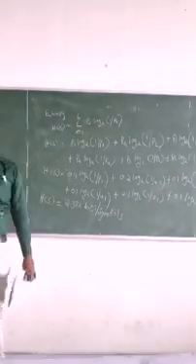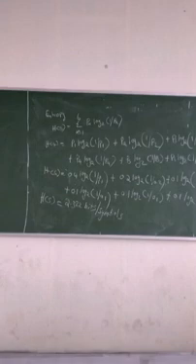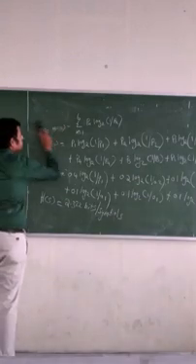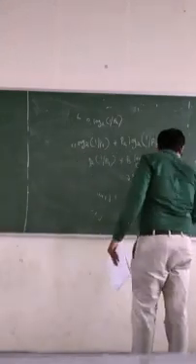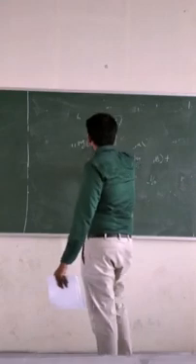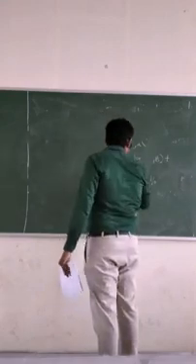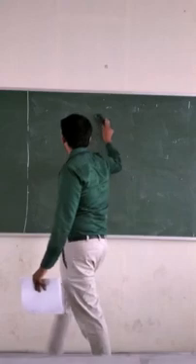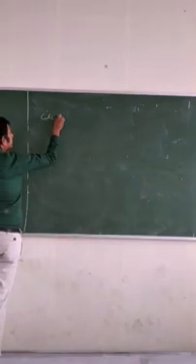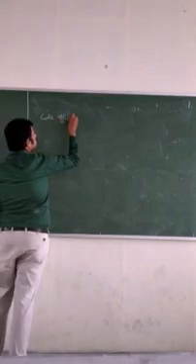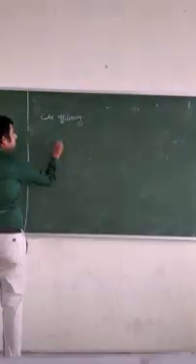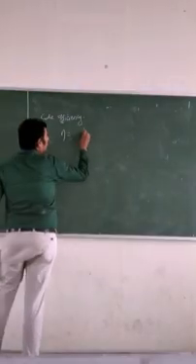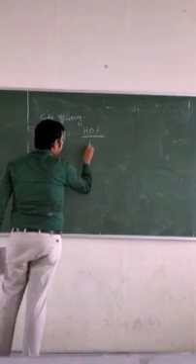The code efficiency formula will be eta is equal to H of S divided by L bar.